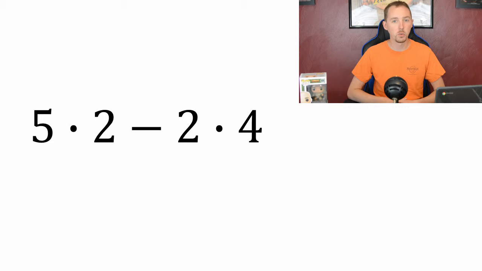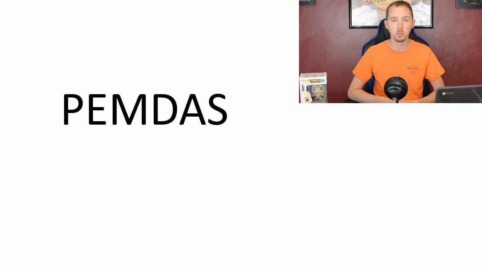But the next thing that we have to do is figure out the order in which we actually evaluate this expression. So let's take a little side trip real quick and talk about order of operations. Most of you have probably heard of this before, or you've heard of what's called PEMDAS. This acronym tells us the order in which we evaluate operations in math.